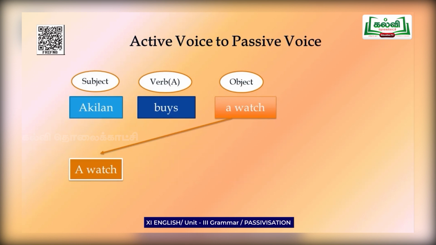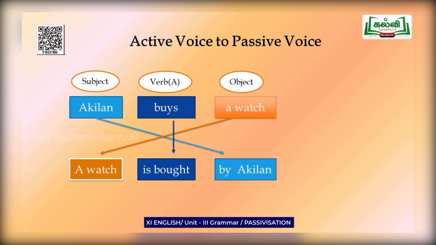First step, object to subject, a watch to a watch. Second step, active voice verb to passive voice verb, buys to is bought. Third step, subject to object, Akhilan to by Akhilan. Akhilan buys a watch is transformed to be a watch is bought by Akhilan.